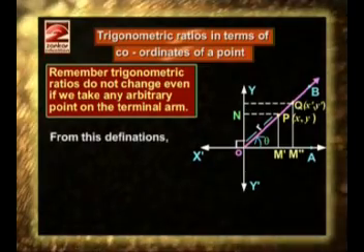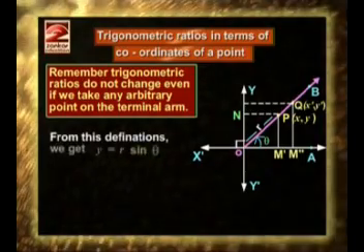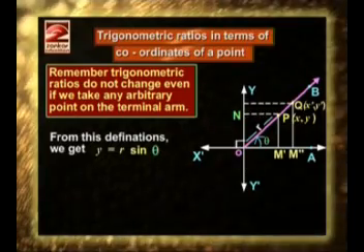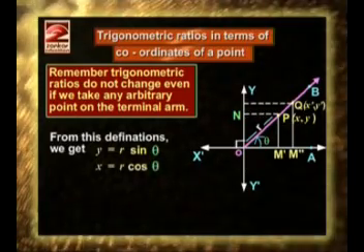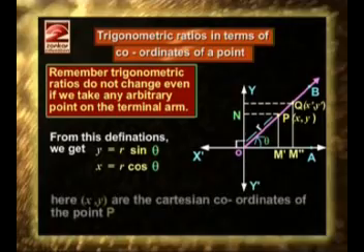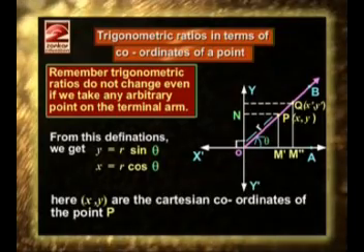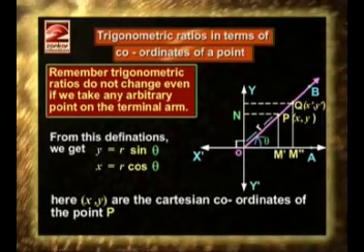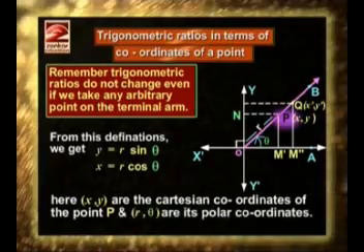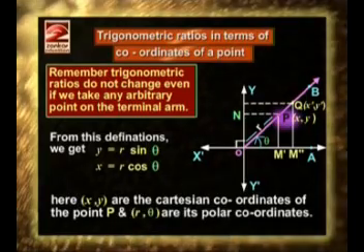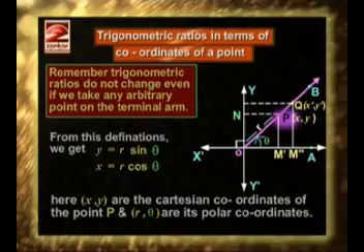Now, from these definitions we get y is equal to r sin theta and x is equal to r cos theta. Here, x and y are the Cartesian coordinates of the point P and r, theta are its polar coordinates.